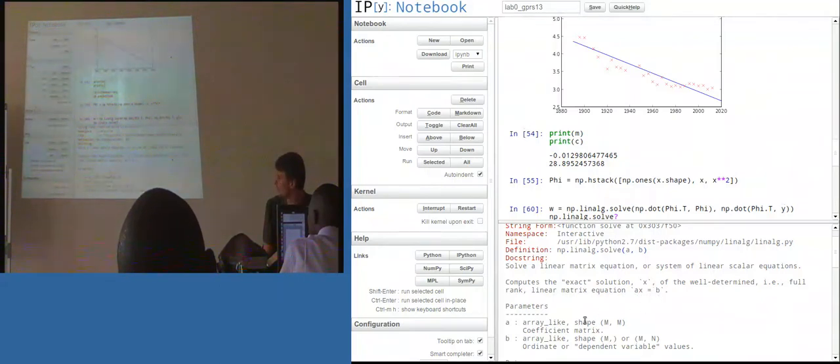So A is a matrix, it's our phi transpose phi, and that's the first argument. B is this vector, phi transpose y, and the X is our W. So we're getting W out by solving that linear system of equations.